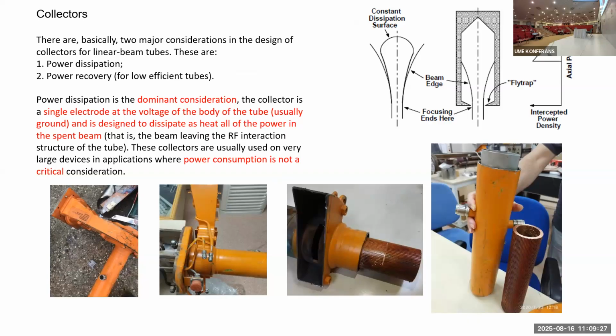This is the collector. And this one is copper, the inner one. This part collects the electrons and cools down, and to trap it in there. It's the waste basket. Waste basket for electrons.